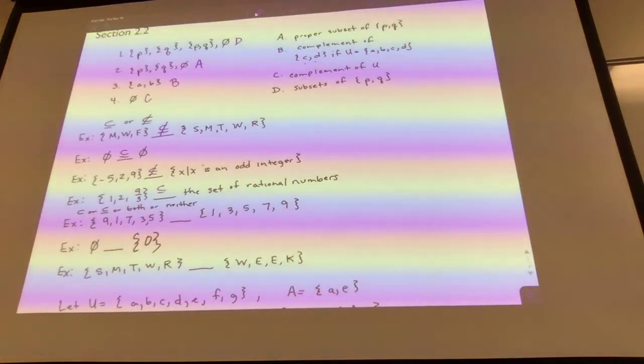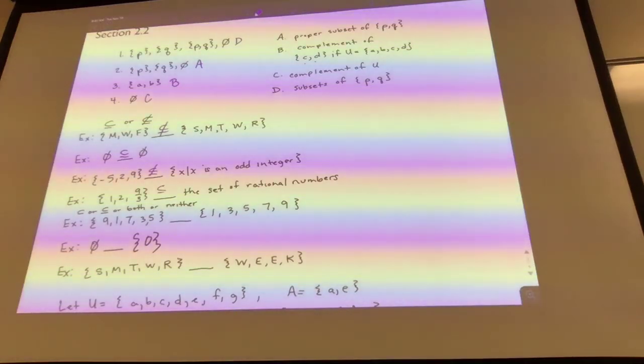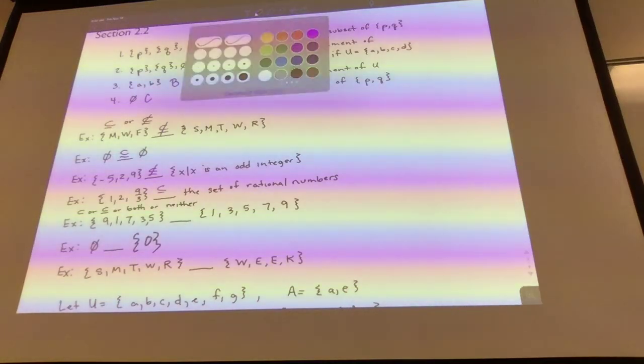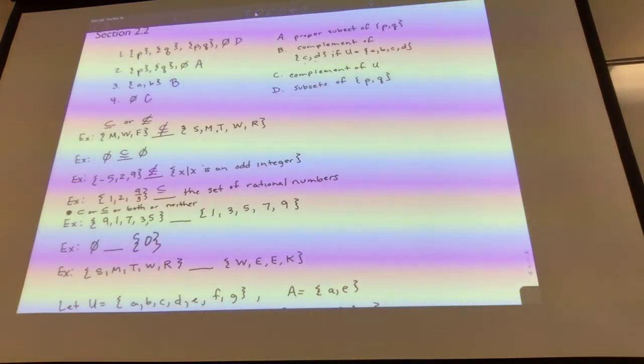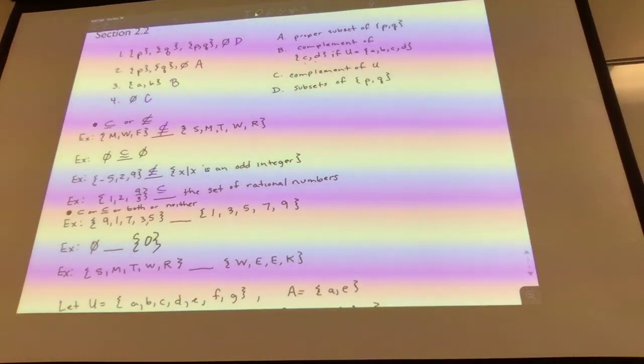Okay. So our next part says we want to know whether it's a proper subset, a subset, both, or neither. So we're right here. We want to know subset, proper subset, both, or neither.